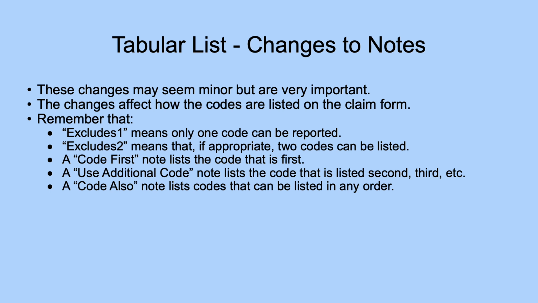Code first says you have to list that code first. Use additional code means list the code, but it can't be listed first. Code also lists codes in any order. So let's take a look at those. I'm just giving examples because I could spend an hour going through all of these, and you don't want that.